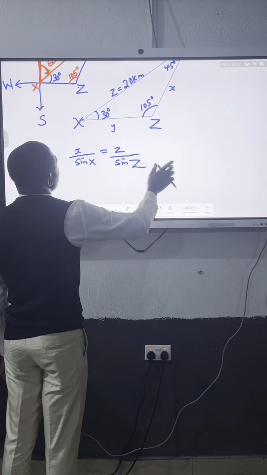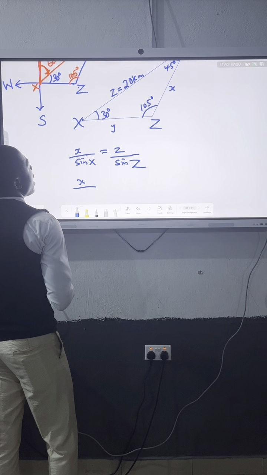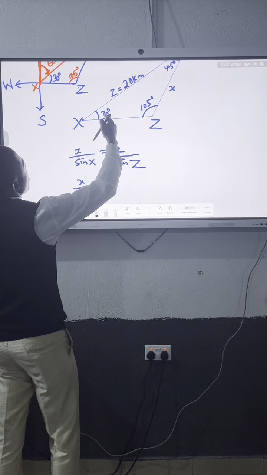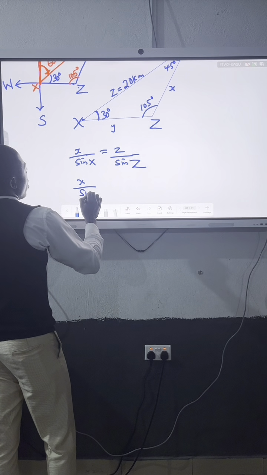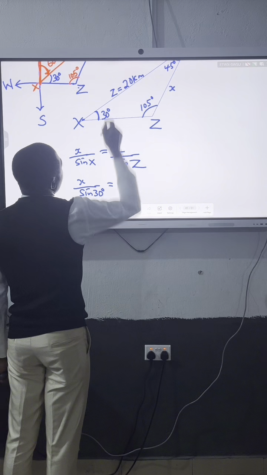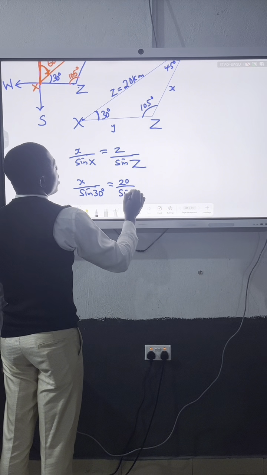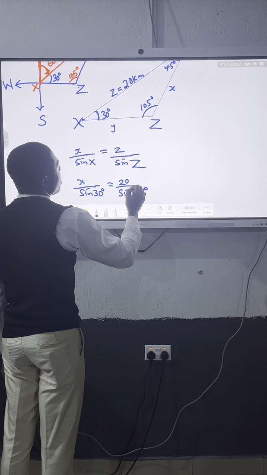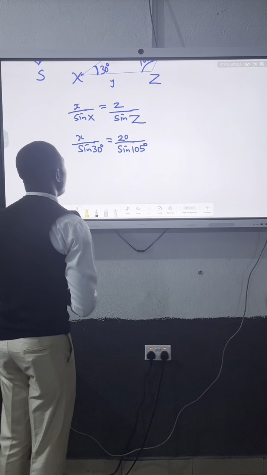Now, small letter x is not given, so over sine x is the angle here, 30. So sine 30 degrees is equal to small letter z, which is 20, all over sine 105 degrees.